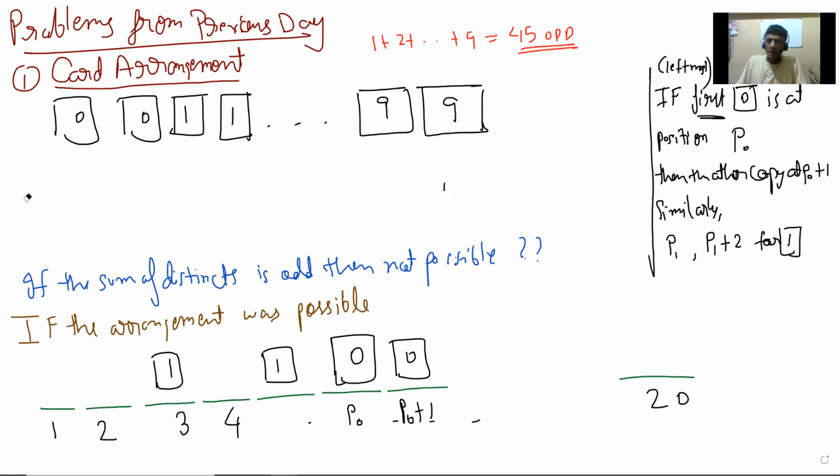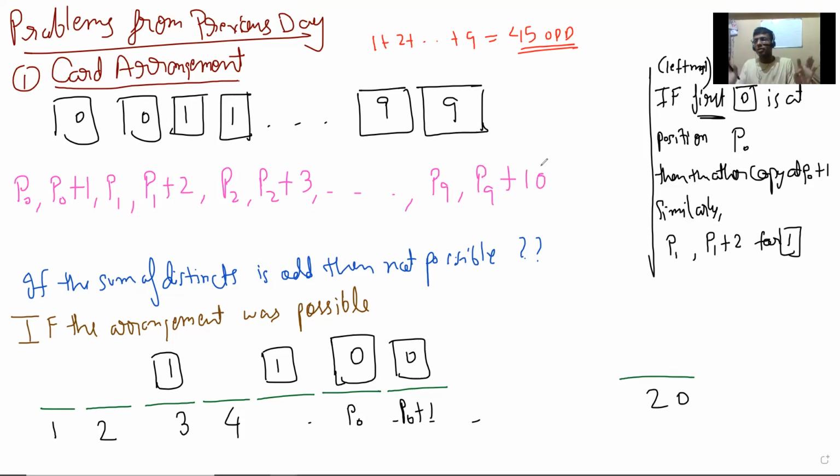So what is the sequence of numbers? A sequence of positions I will get. I will just say I have P naught, P naught plus 1. Then we have P1, some position, any position, P1 plus 2, P2, P2 plus 3, and like this, P9, and P9 plus, so what will that be? 10, right?